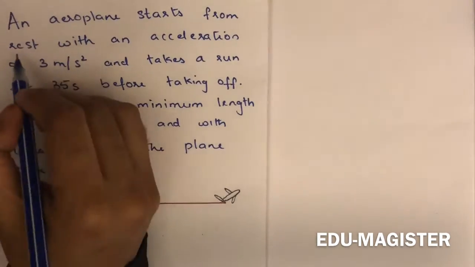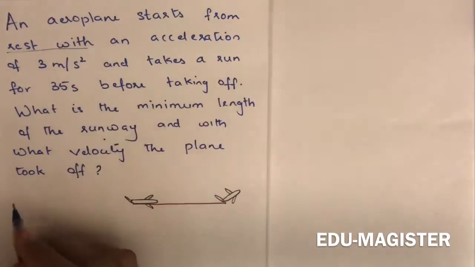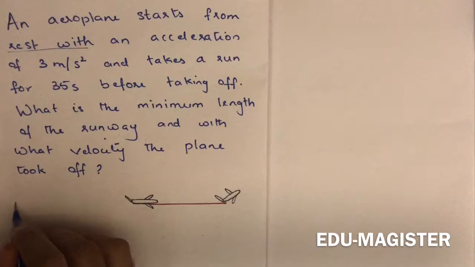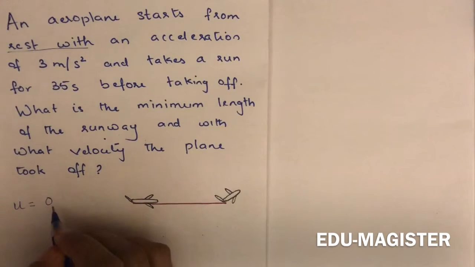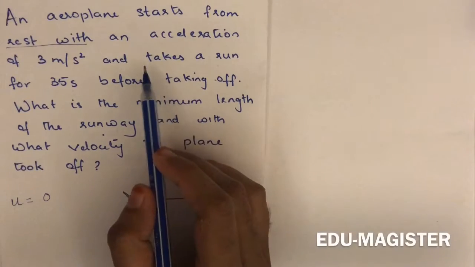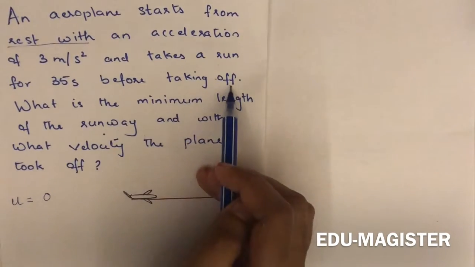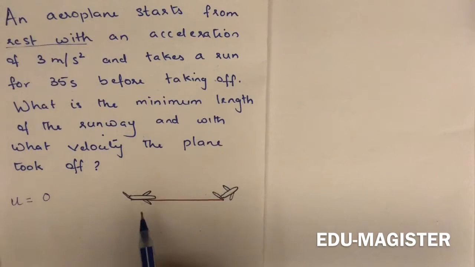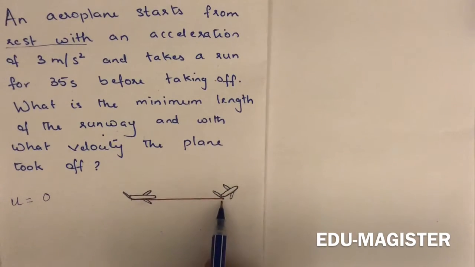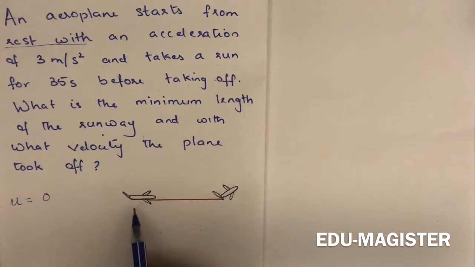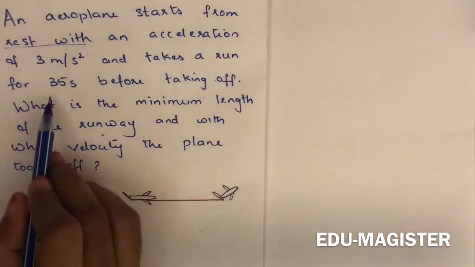From the first line we get that the initial velocity of the aeroplane is 0 because it is starting from rest. And then this aeroplane takes a run for 35 seconds before taking off. That is, before the aeroplane is actually flying, it is running on the runway for 35 seconds.